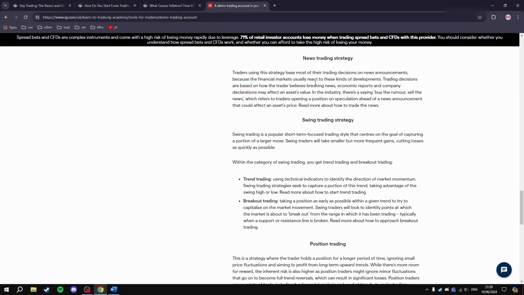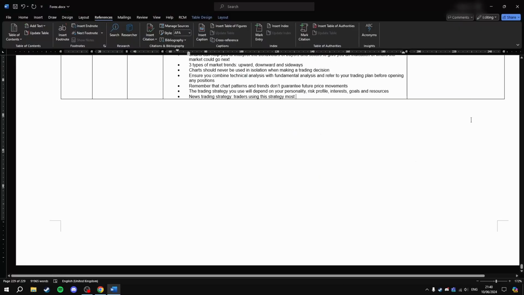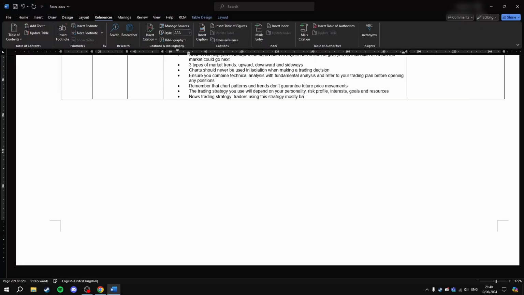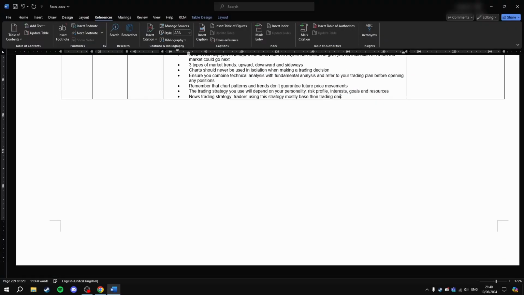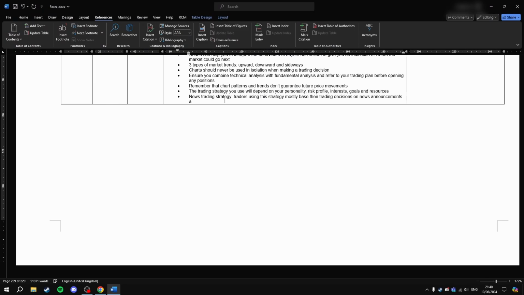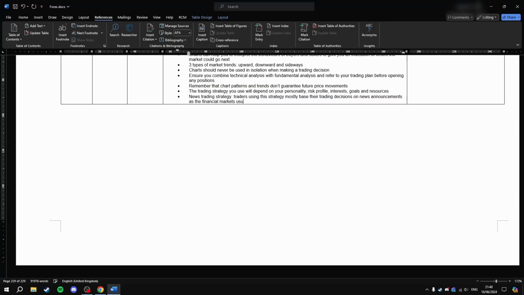Traders using this strategy base most of their trading decisions on news announcements because the financial markets usually react to these kinds of developments.